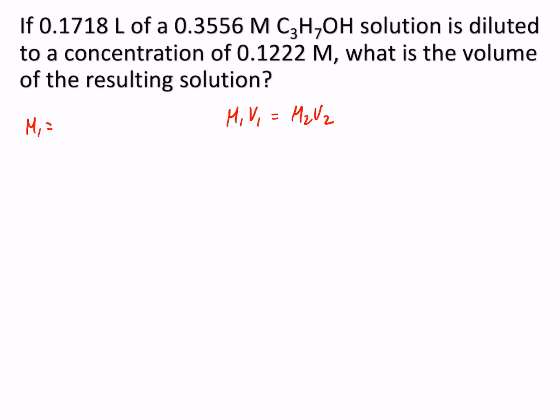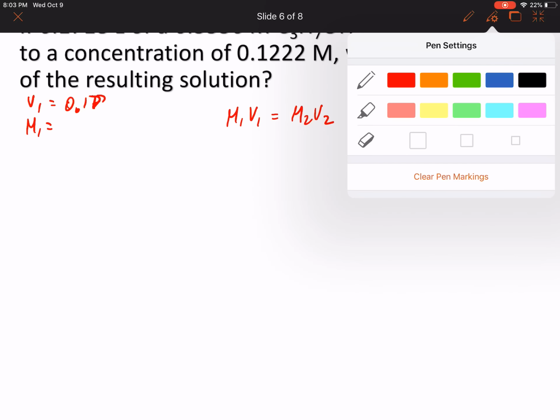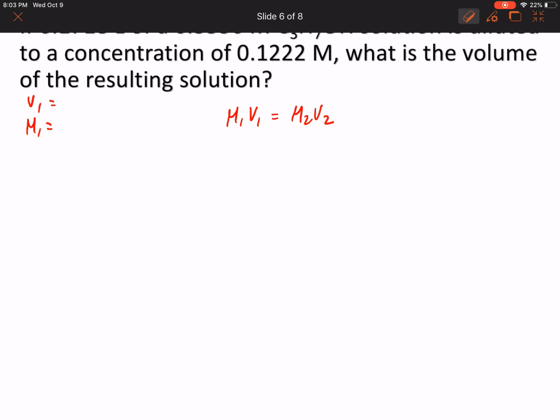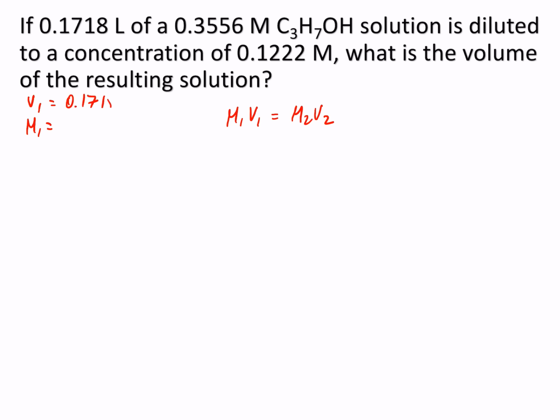So I'm sorry, I should start with V1. V1 is 0.17... You know what? Let's erase that. 0.1718 liters. The concentration is 0.3556 molar.